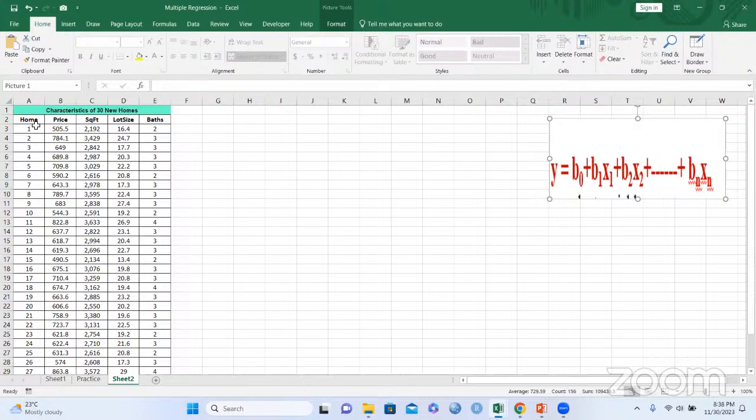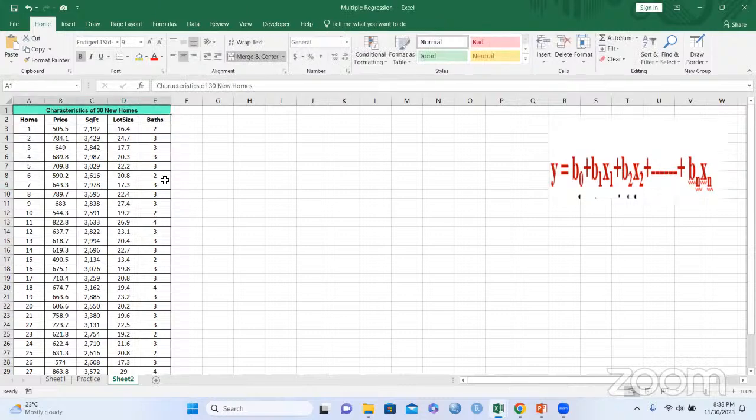Now, there are different homes, like there is data about 30 new homes. Home one's price is, assume, $505, and it is 2192 square feet, the lot size is 16.4, and it has 2 bathrooms.